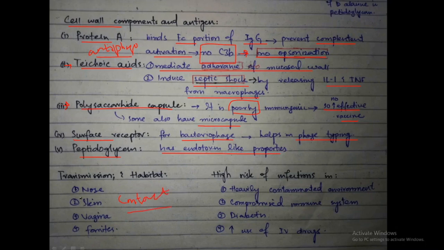It is found in the nose, skin, vagina in females, and fomites. Those at high risk are those who live in a highly contaminated environment containing Staphylococcus aureus, those having a weak immune system, those having diabetes mellitus, and those using high doses and frequent IV drugs.